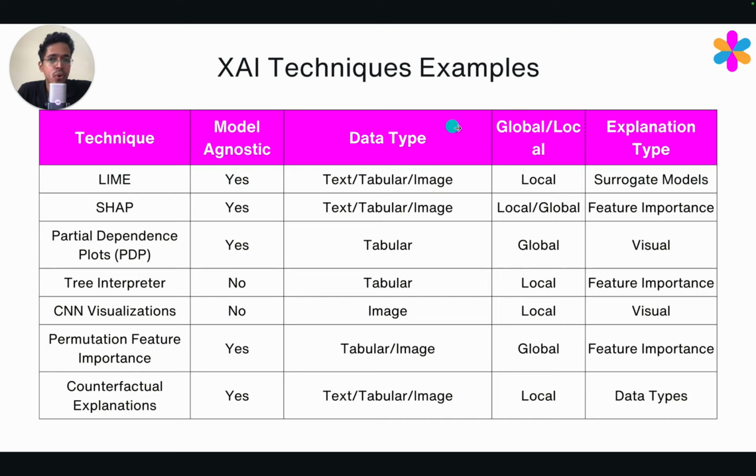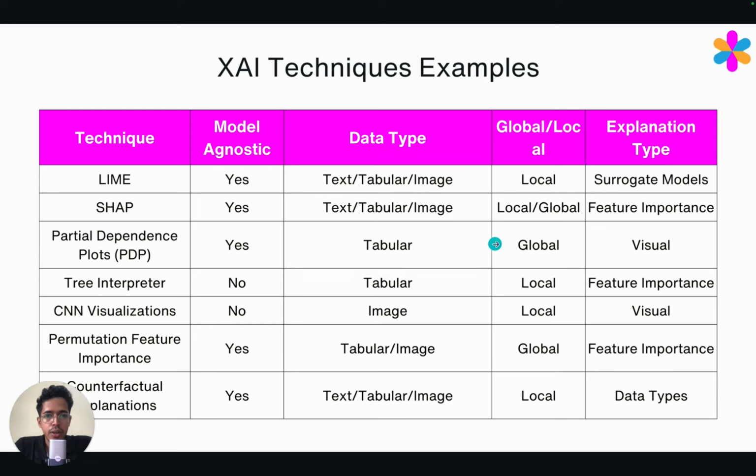So these 4 ways in which you can classify the explainable AI method apply to all methods basically. So LIME, SHAP, partial dependence plots, tree interpreter, CNN visualizations, permutation feature importance, and counterfactual explanations. These are the 7 explainable AI techniques that we will be going through in the rest of the lecture.